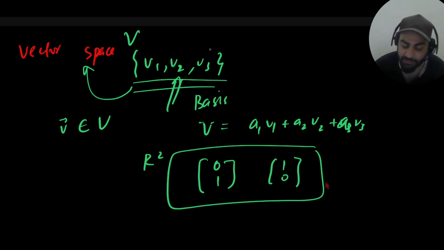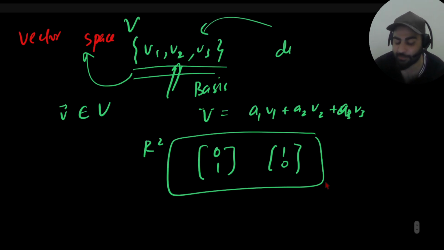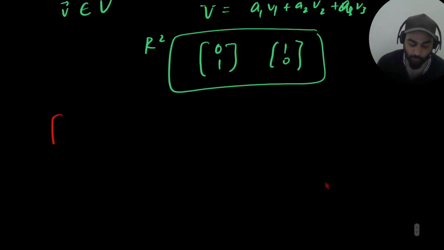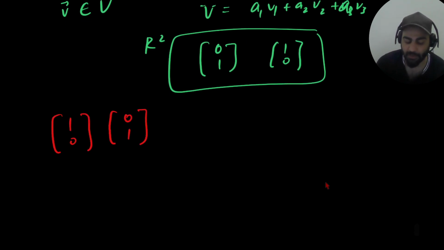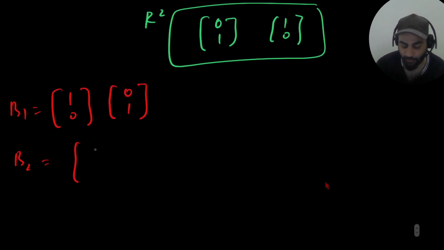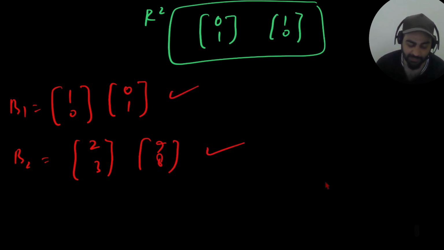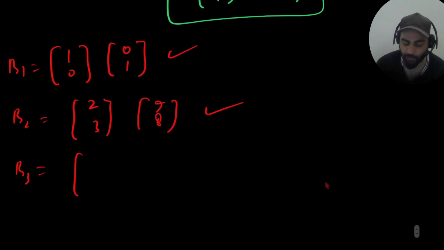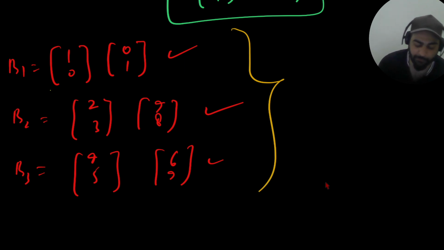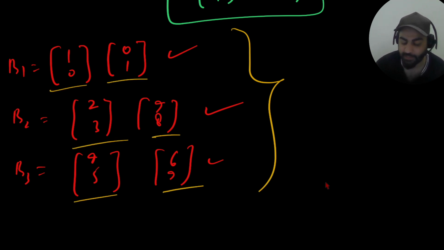The number of vectors in the basis is called the dimension, because there can be infinite bases. So 1 0 and 0 1 is one basis, let's call it b1. You can consider any two independent vectors, 2 3 and 9 8. This is also a basis, besides the standard basis. We can have b3, let's suppose any two random vectors, 4 5 and 6 9. This can also be a basis. But the special thing about these bases is that the number of vectors in these bases is only 2.